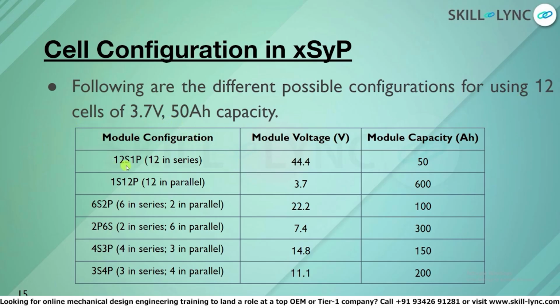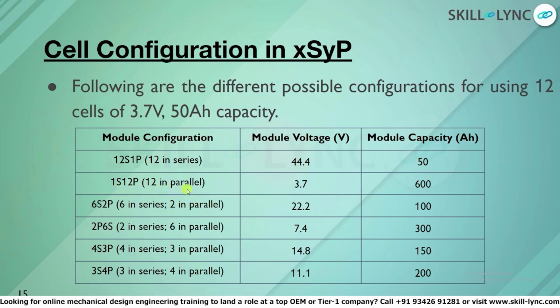A module has 12 cells, and if we connect all 12 in series, that leads to 44.4 volts for a module. Each cell capacity is 50 Ah, and since there is no parallelization, we have 50 Ah. So a module of 12S1P configuration will have 44.4 volts and 50 Ah capacity.